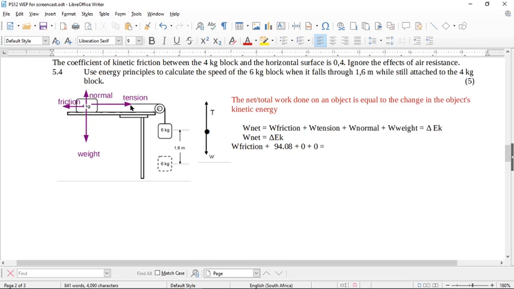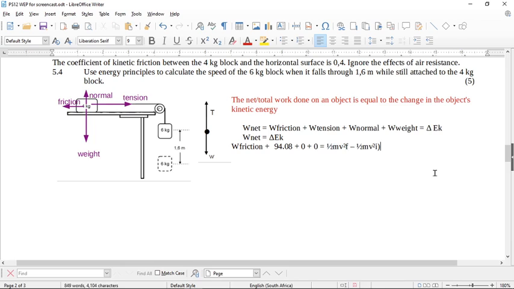So it is a half mv squared final for the 4 kilo block minus a half mv squared initial for the 4 kilo block.